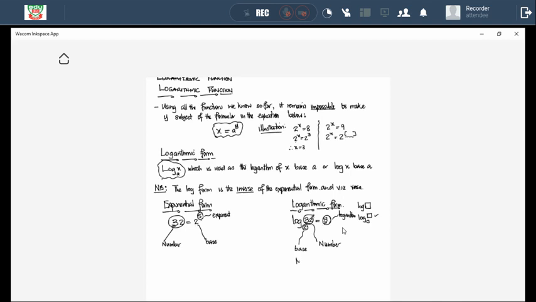In other words, we are saying: what exponent should be given to the base in order for us to get the number 32?